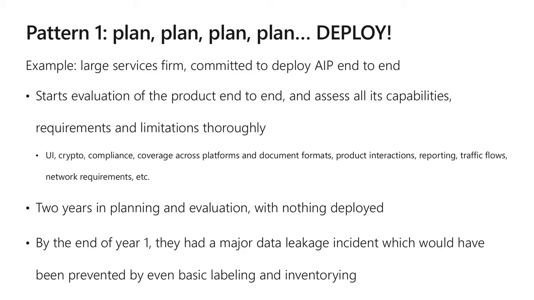After the first year of evaluation, they had a very big data leakage incident due to misplaced data. Somebody had put millions of sensitive documents in an open container, so everybody in the world could grab it. And that would have been very easily prevented if they had enabled the most basic functionality, which they could have had running after just a few days.